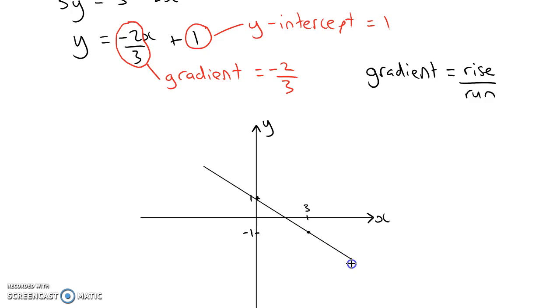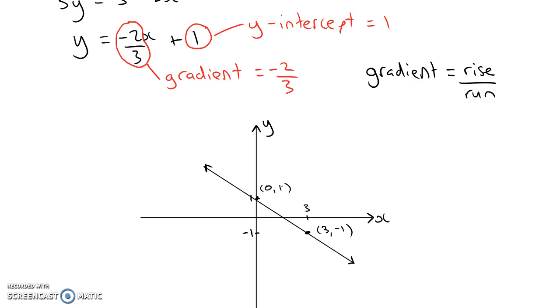So it will look something that's probably as close as we can get it there. So we know this point here is 3, -1, and we know this point here is 0, 1.